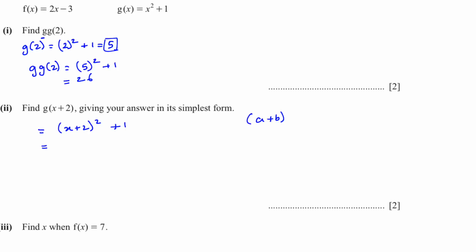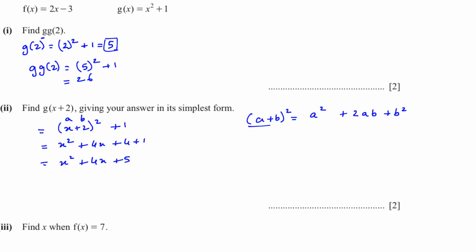So it's very important that you learn the identities. (a plus b) squared is equal to a squared plus 2ab plus b squared. In this case, x is your a and b is your 2. So that will give us x squared plus 4x plus 4 plus 1. And we will have x squared plus 4x plus 5.